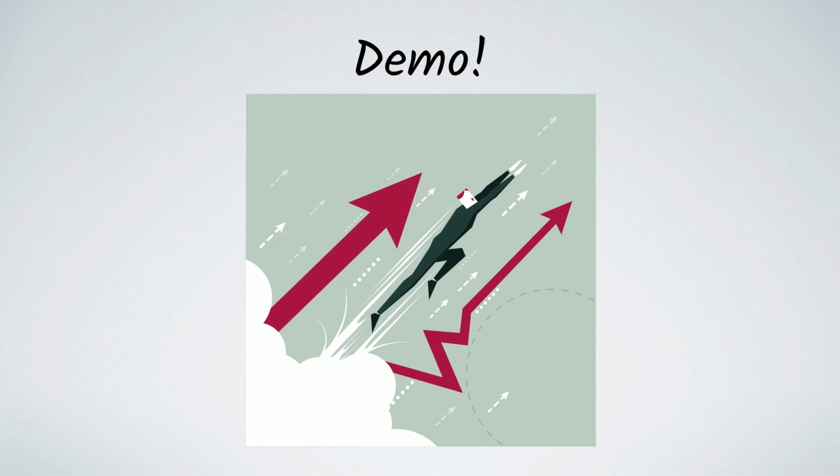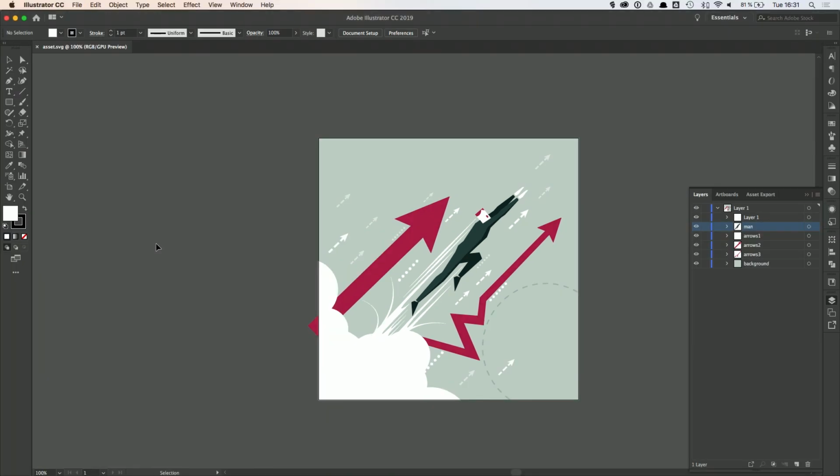Now, let's take a look at an example here. Assume you have created an illustration just like that, maybe in Illustrator, and use Illustrator to set IDs for your different layers here. You can then save the illustration as SVG document.